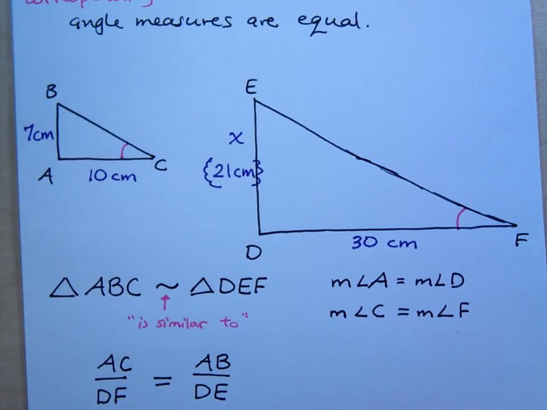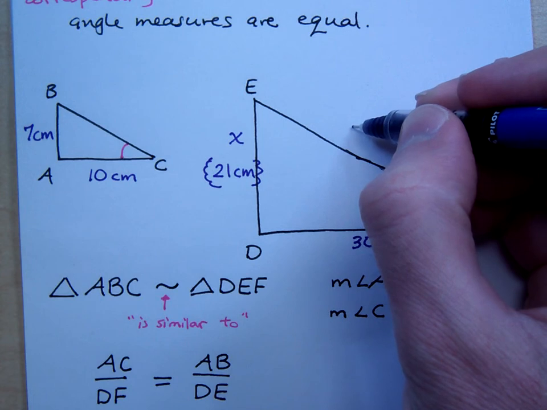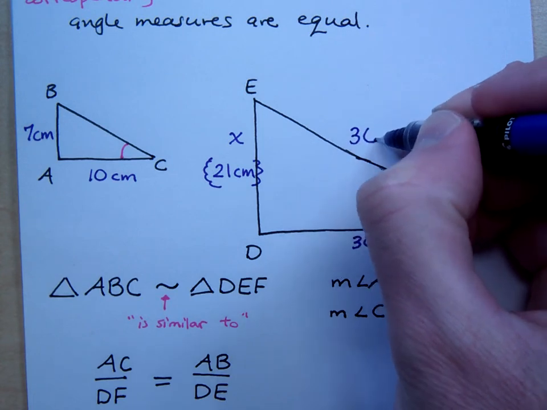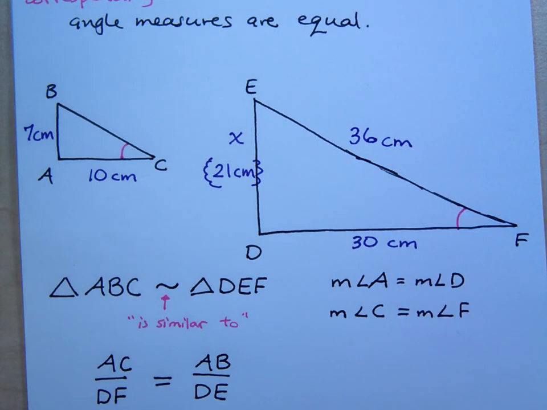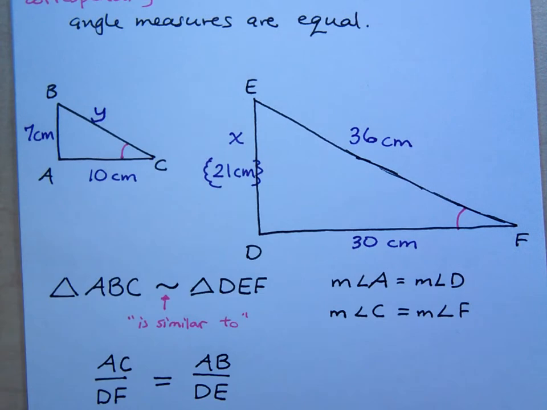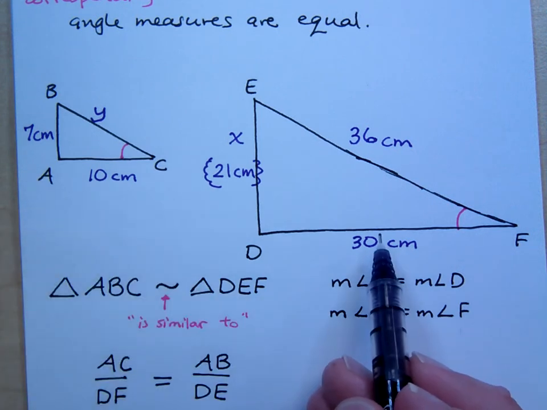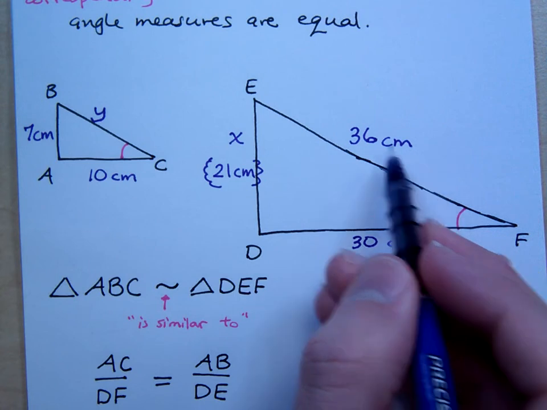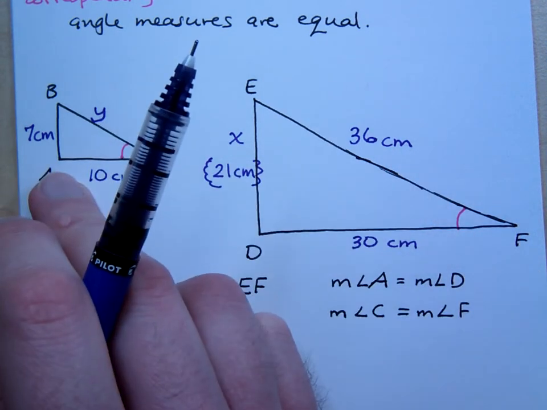Well, what if in this diagram I said this guy was equal to 36 centimeters? How could you find this guy if we were to label him, say, Y? Right, so to go from here to here is multiplying times 3. And as Alana pointed out, if I go backwards this way, from the big one to the small one, it's division by 3, right?